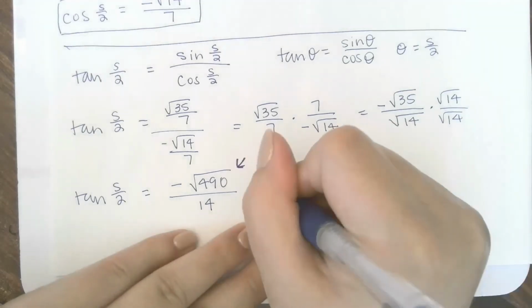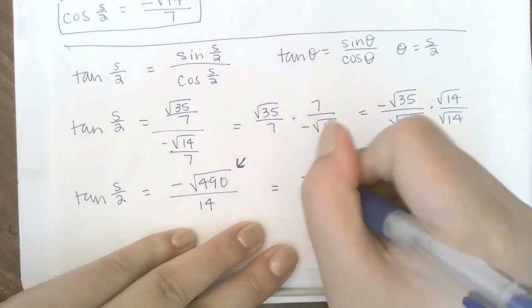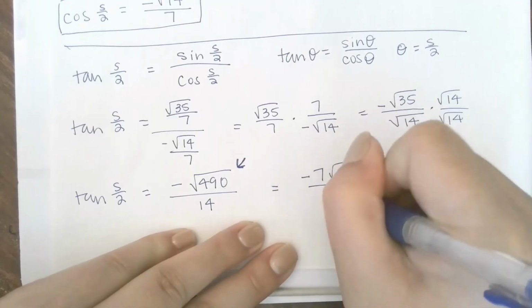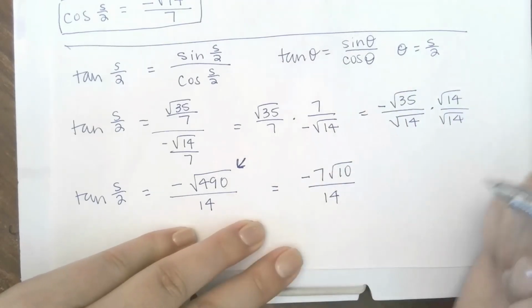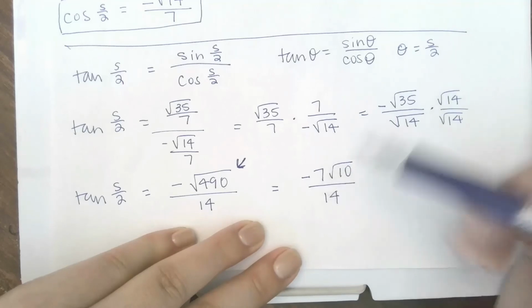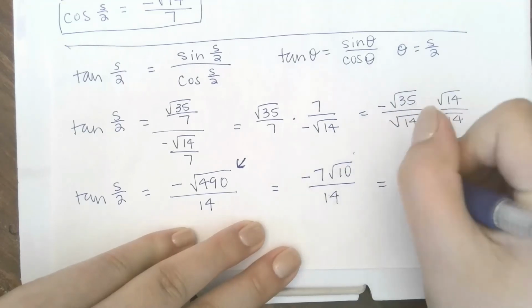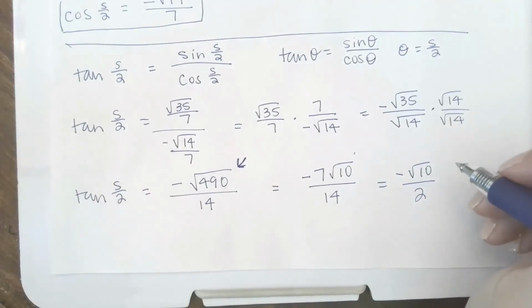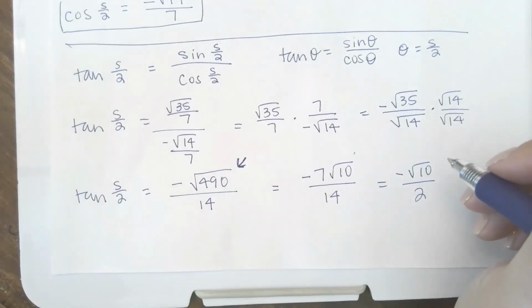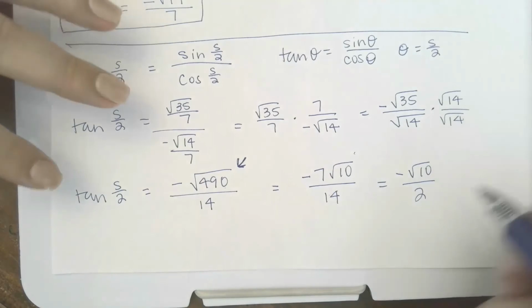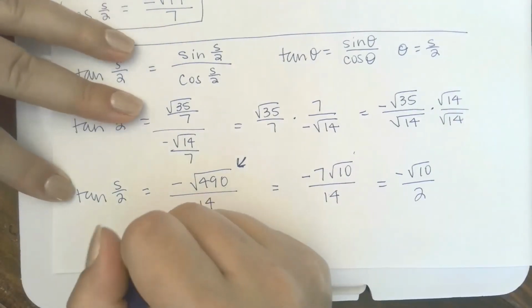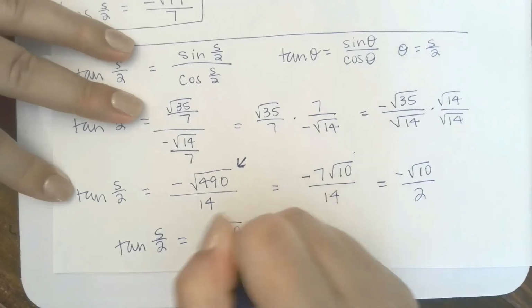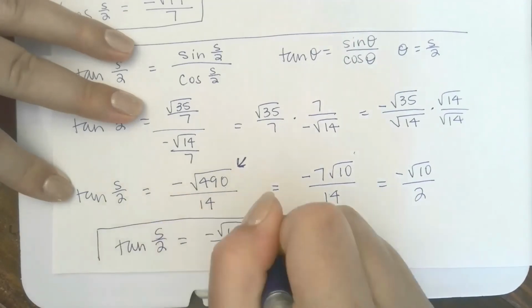So this does simplify to negative 7 square root of 10 over 14, and then 7 over 14 simplifies, giving negative square root of 10 over 2. So tangent of s over 2 is equal to negative square root of 10 over 2.